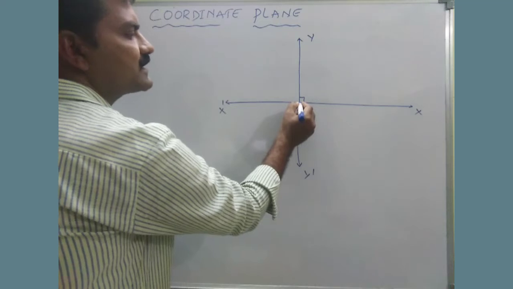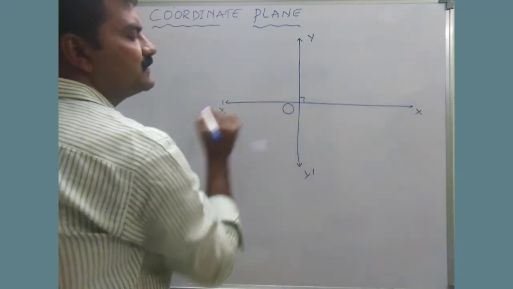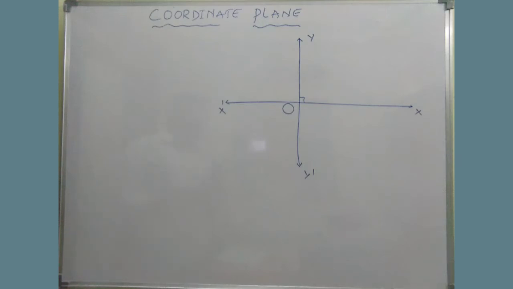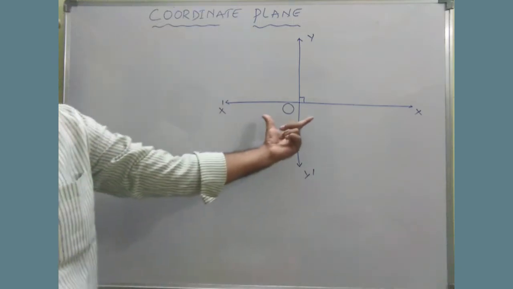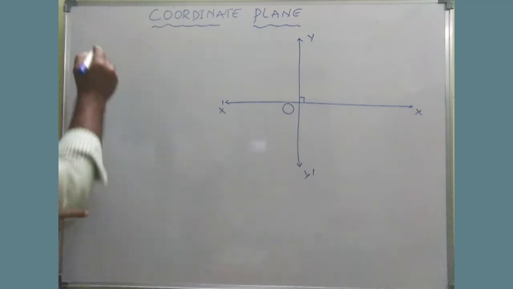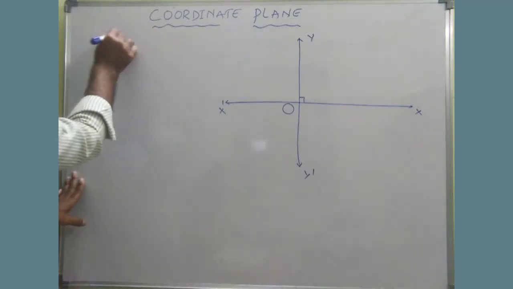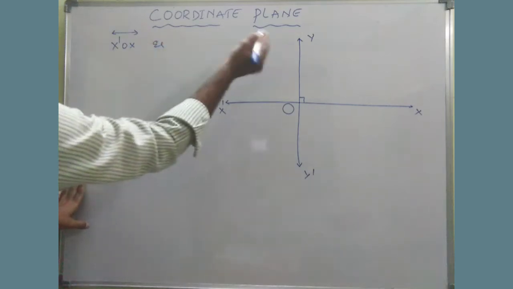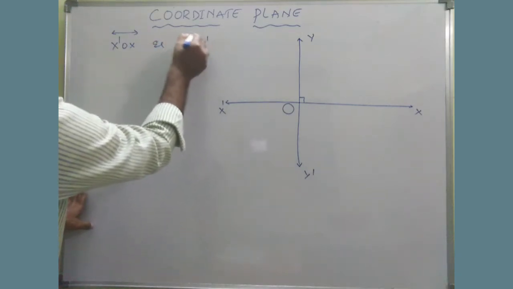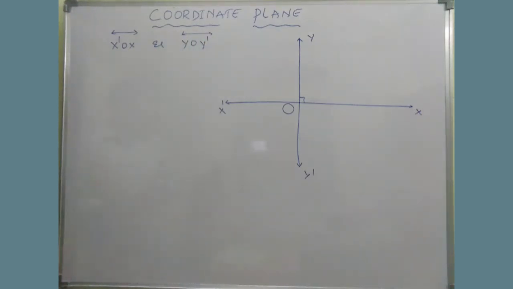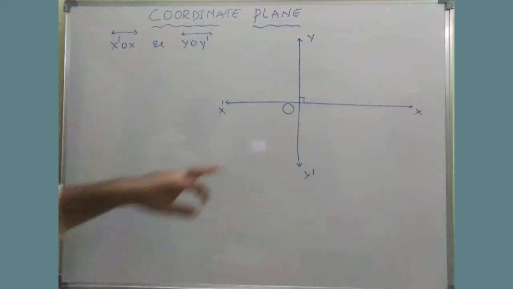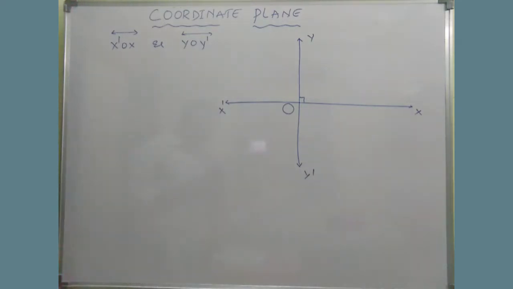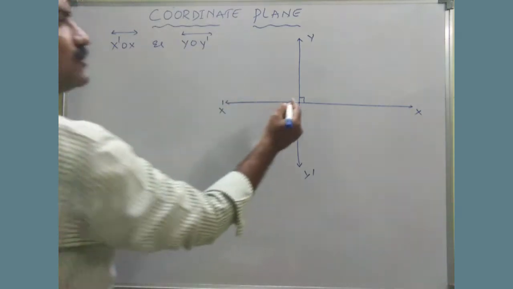Hence their point of intersection is called the origin, denoted by O. The lines x dash Ox and y dash Oy are called coordinate axes, and their point of intersection is called the origin, denoted by O.